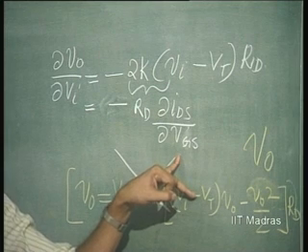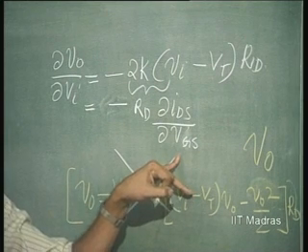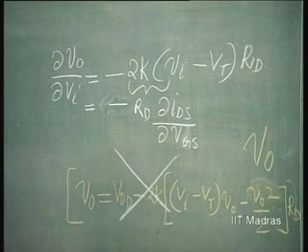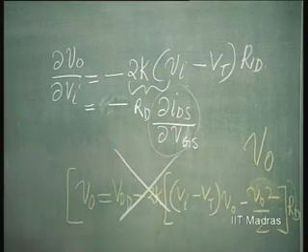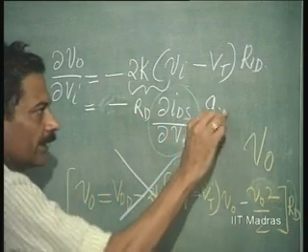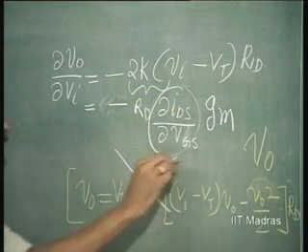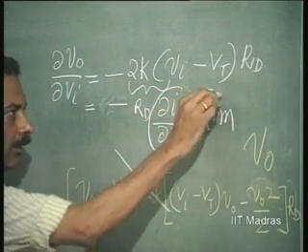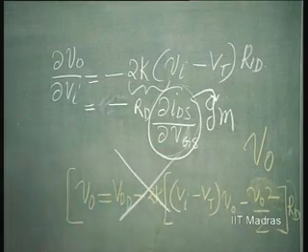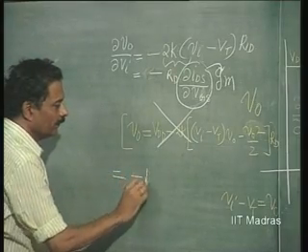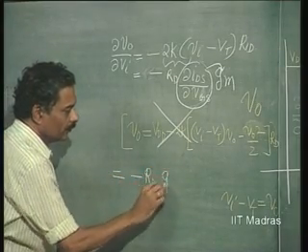For an input voltage variation, what the current variation at the output is. So, this is called the transconductance. The gain is therefore indicated by GM. So, this factor is called transconductance. So, this is equal to minus RD into GM.